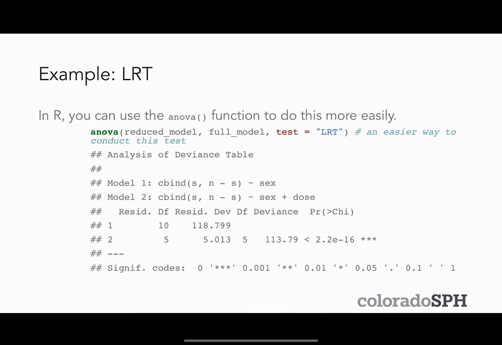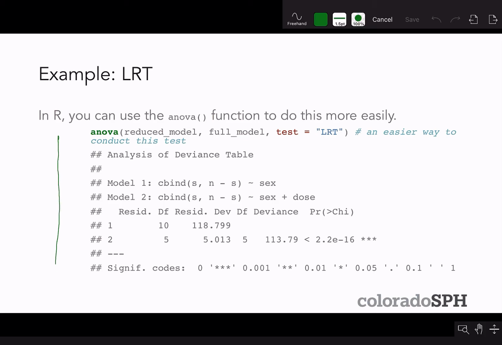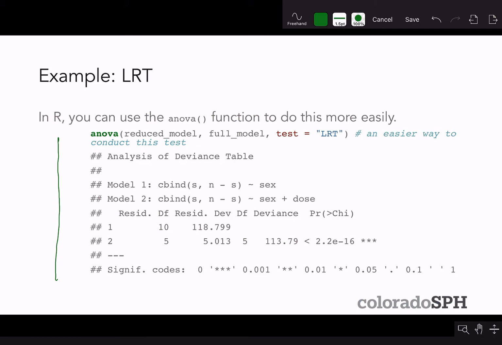And I showed you how to do this by actually getting the likelihood ratio statistic yourself and finding the critical value yourself. But you can do this more simply in R using the ANOVA function, which you've probably seen before. You plug your reduced model in first and then your full model.